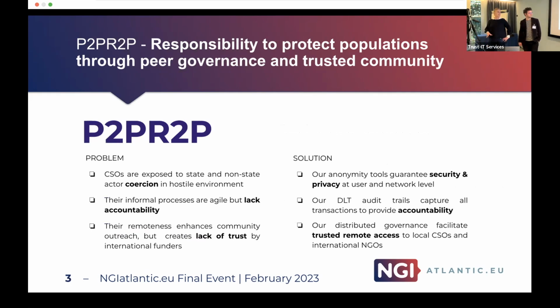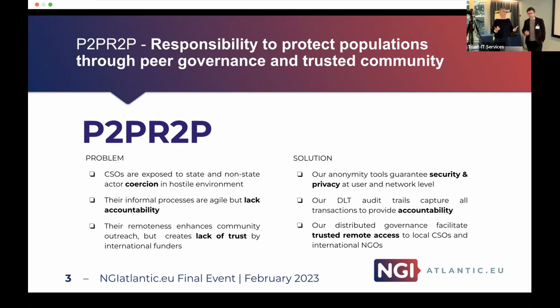Their informal processes are agile because they can move very quickly through checkpoints, but they lack accountability because they are so agile. Their remoteness makes them ideal to reach communities where state actors can't get to, for humanitarian aid or civil liberties training courses. But that also creates a lack of trust, because state actors or institutions don't know these people and won't easily trust them.